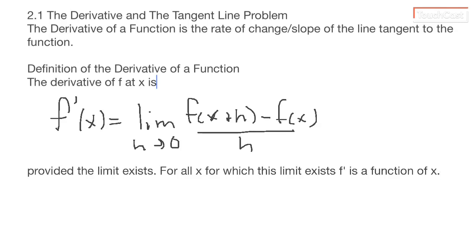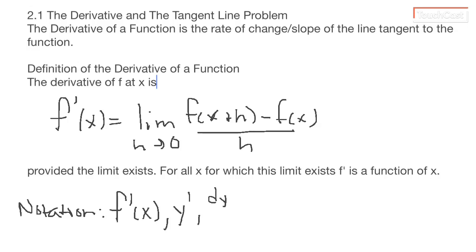There are a few different notations that we use to represent derivatives. Those notations are f prime of x. Sometimes we just use y prime. We can go dy over dx, d/dx of f of x.